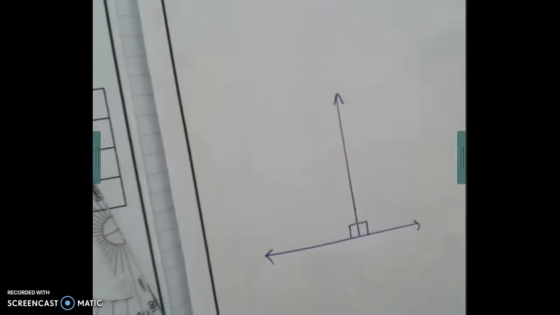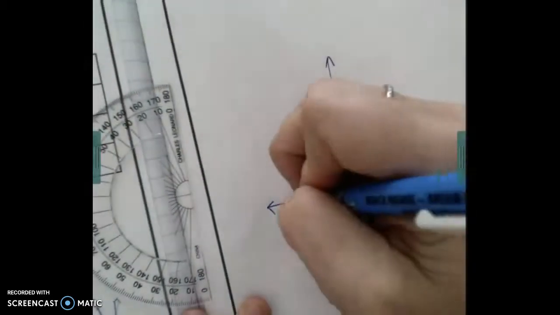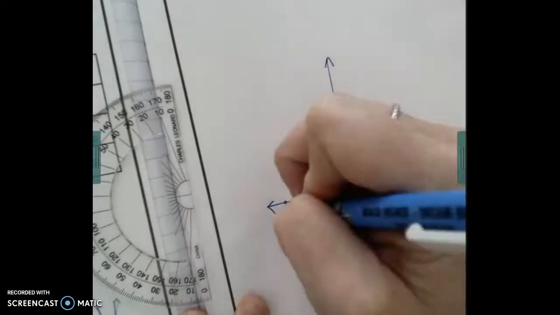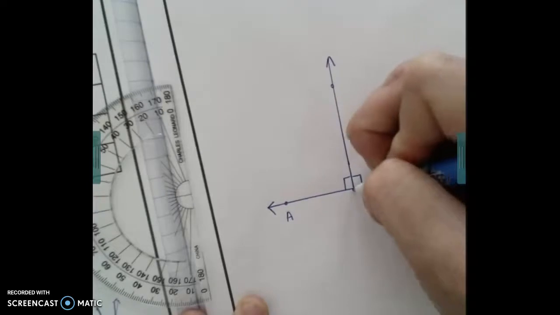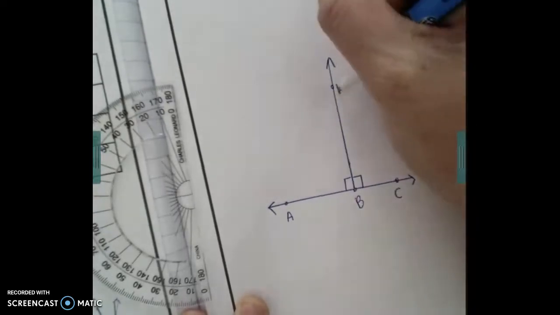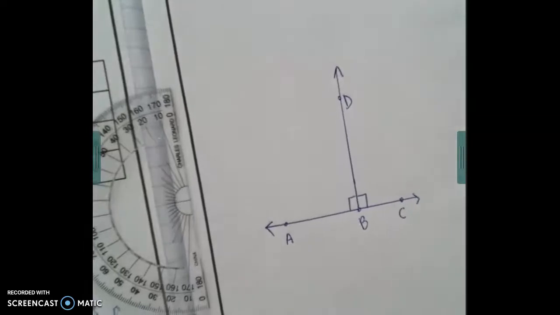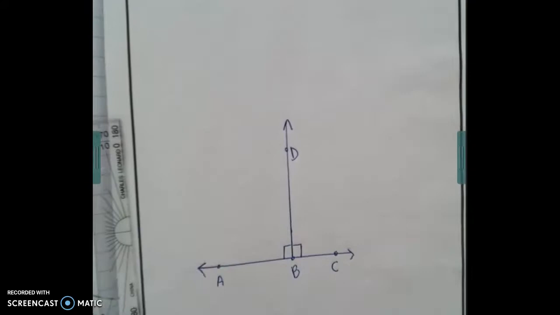Okay, so now what I want you to do is just label these lines. You can label it whatever you want to. I'm going to label my line as, this one's going to be an AC line. And I'm going to call this ray B and D. So I'm purposely making perpendicular lines. I see that they make 90 degree angles.